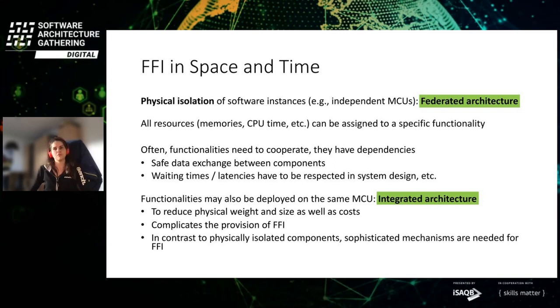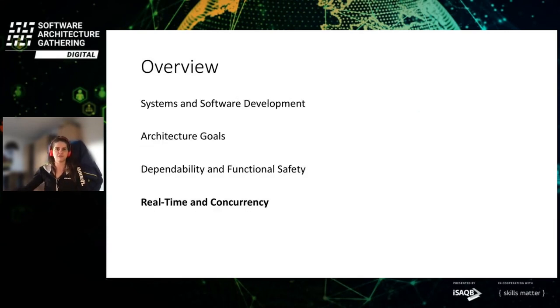But of course, moving from such a federated architecture to an integrated architecture also comes with new problems. The software parts are not physically isolated from each other. So you have to provide, for example, means to separate these software parts from each other in software, for instance.